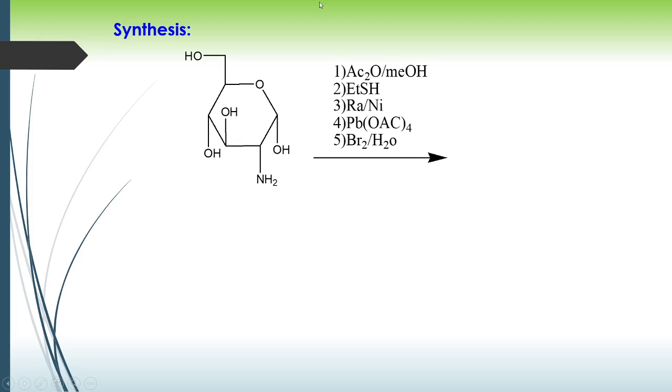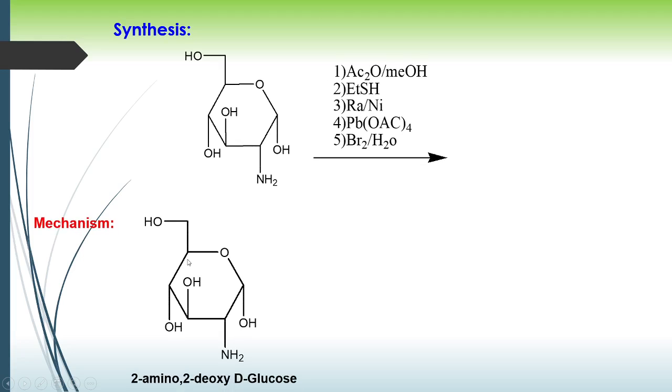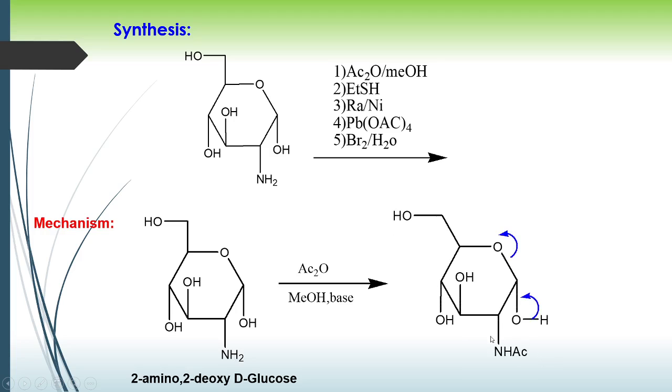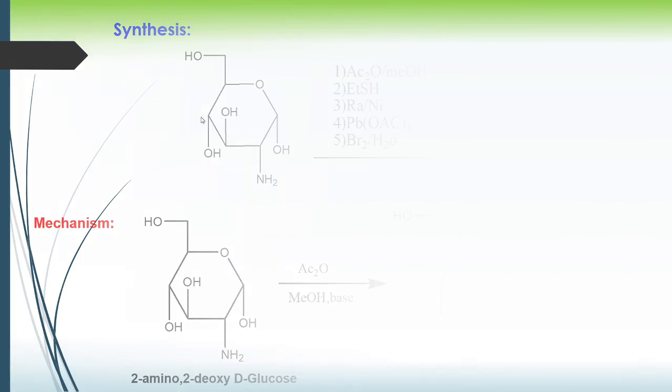So see the synthesis. These are the reagents. Let's see one by one. In the first step, this 2-amino 2-deoxy D-glucose is reacted with acetic anhydride in presence of methanol. So this NH2 is protected by means of this N-acetyl group. Then after this, the OH can be converted into this aldehydic group.